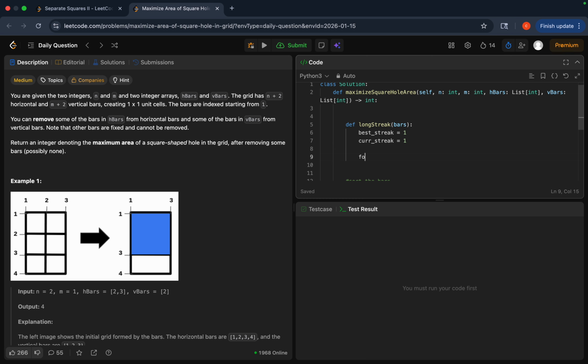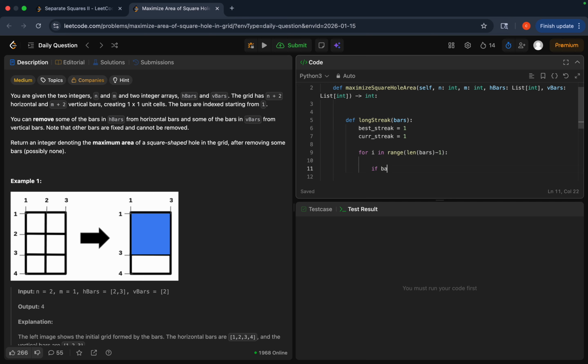So for i in range, we have to find if the streak is there, right? So because of that, we need to use i plus 1. So we will be iterating till length of bars minus 1, right?